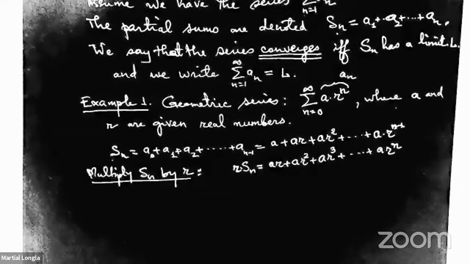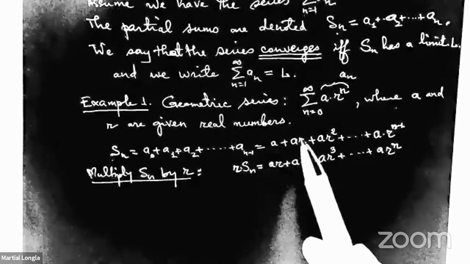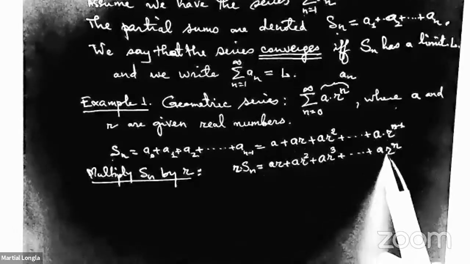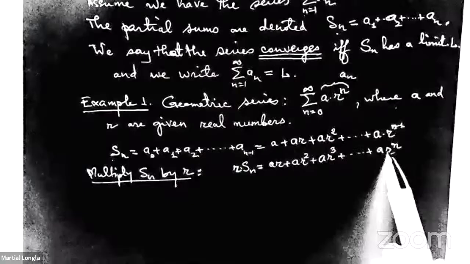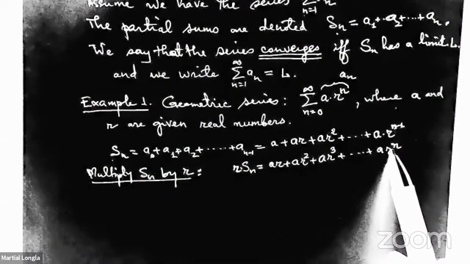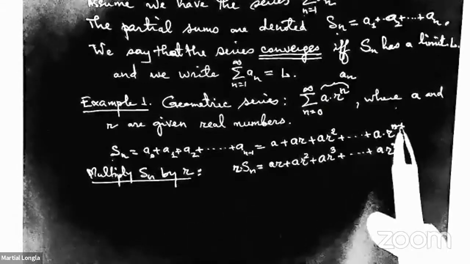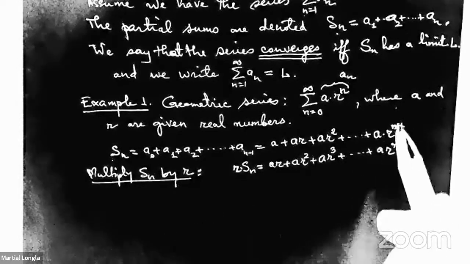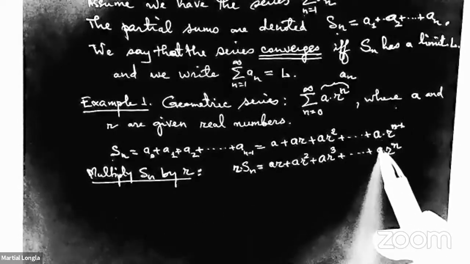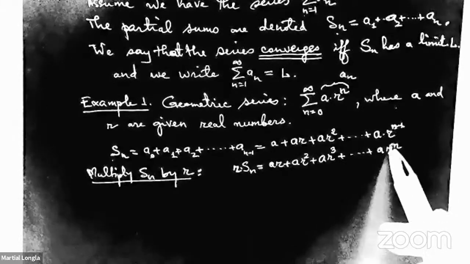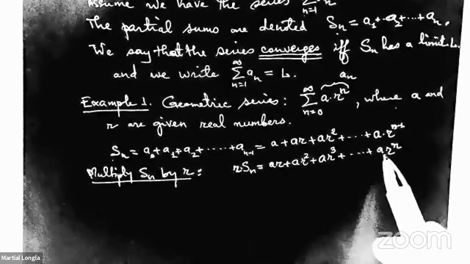And now when you look at these two things written next to each other, you can see that the difference between every pair of them is just R, and you have a common factor of 1 minus R here.